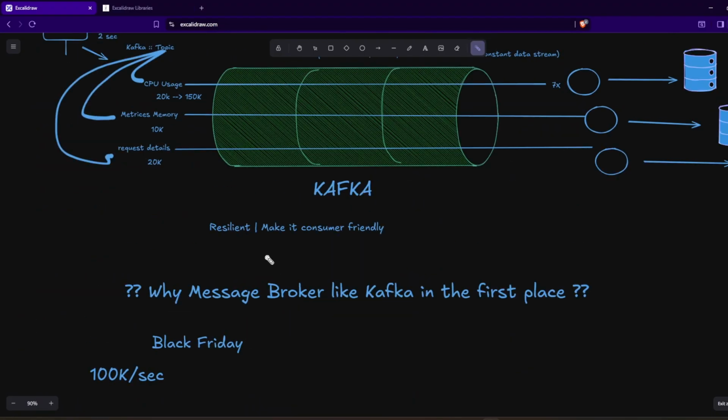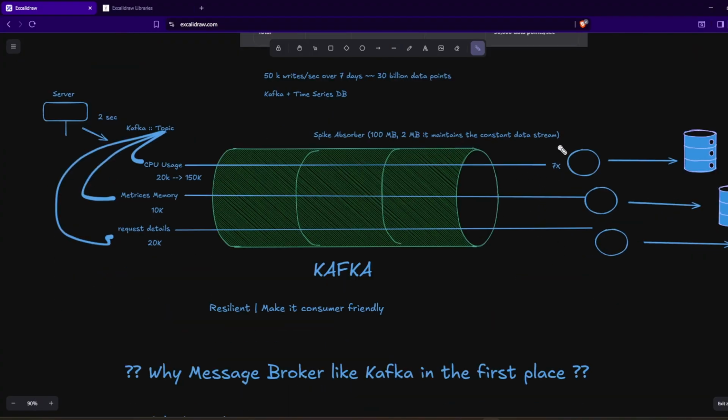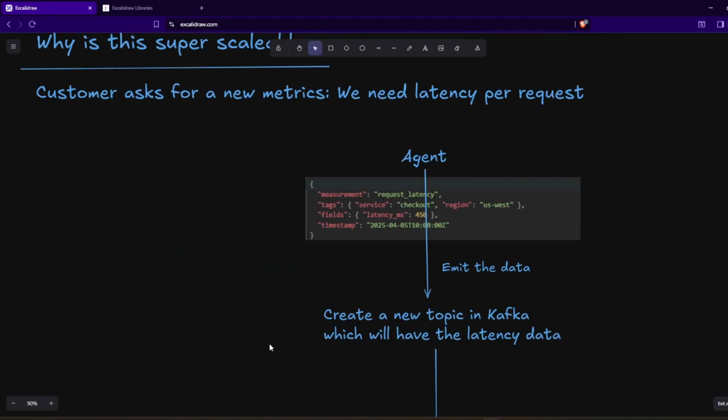And for that request latency, we are going to have a new consumer as well. So now we are going to have a new topic, and that topic would be going to a new consumer as well. That's all. No other change, nothing.